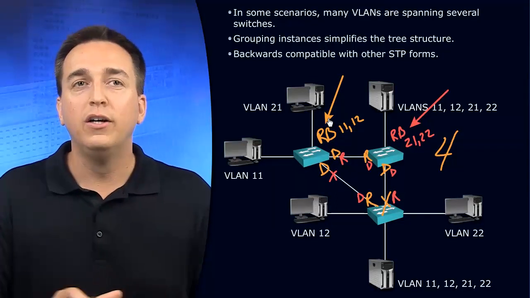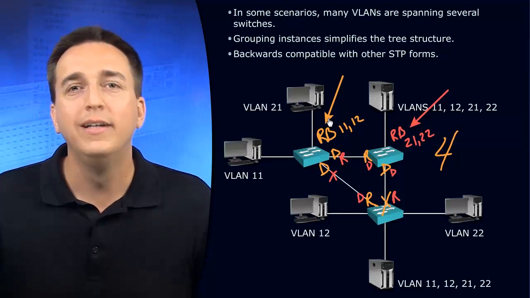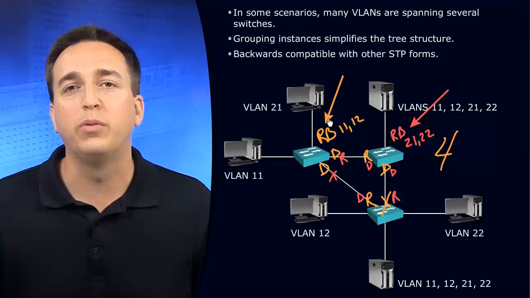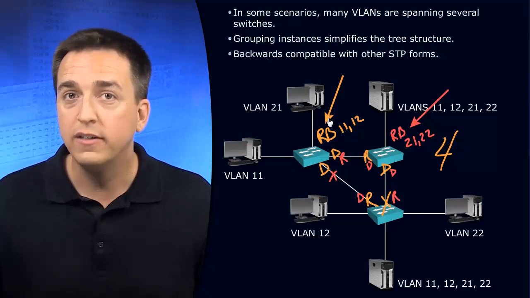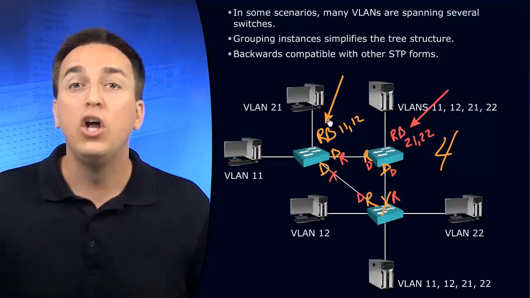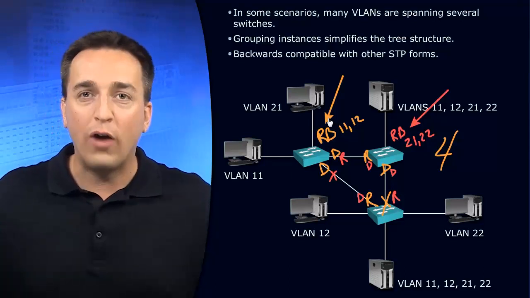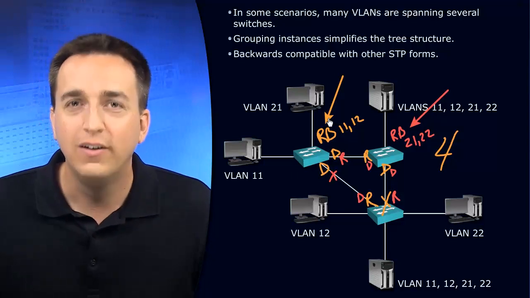And as a result, you could get away simply with using Rapid Spanning Tree Protocol when you are using the Cisco Enterprise Campus Architecture. But if you're not, and you are deploying a large number of end-to-end VLANs, you might want to consider using Multiple Spanning Tree Protocol to reduce the overhead of Spanning Tree Protocol on your switches.